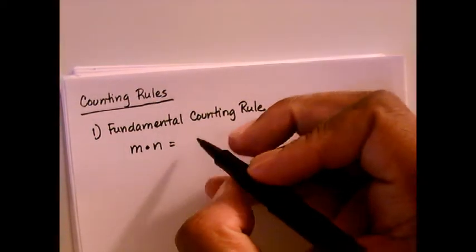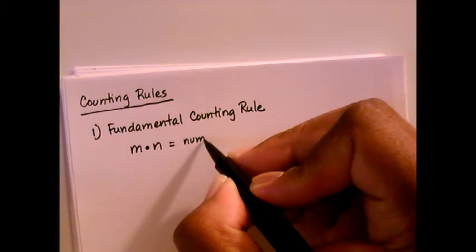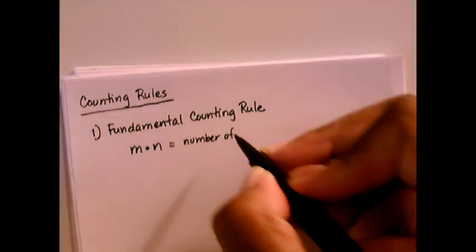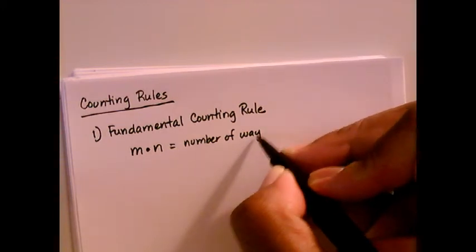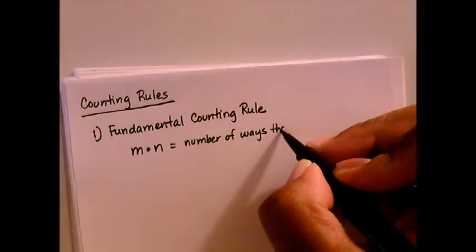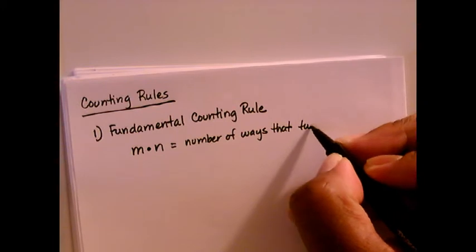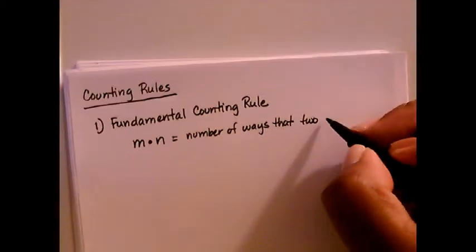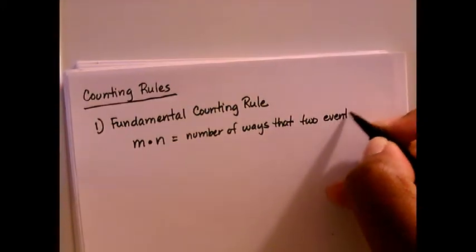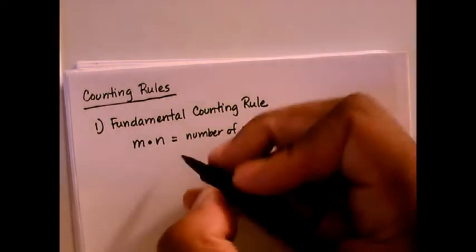And what this represents is just the number of ways that 2 events can occur.